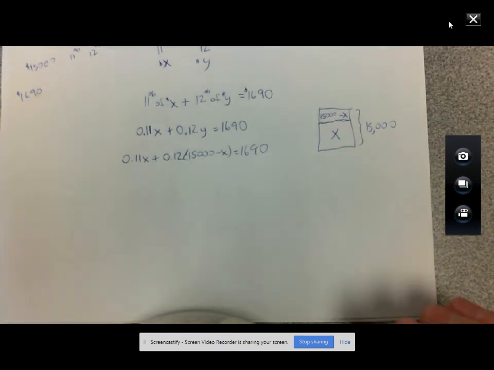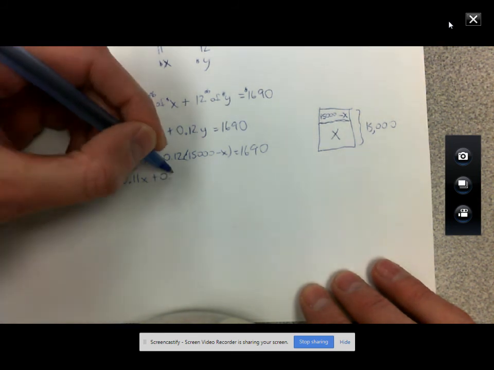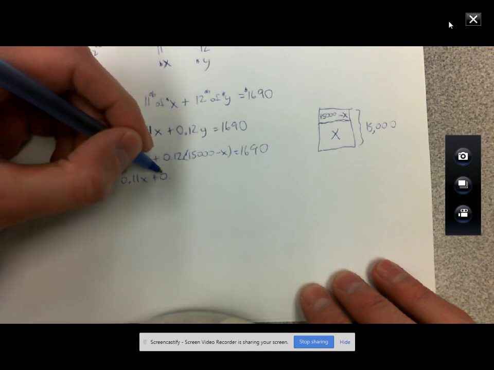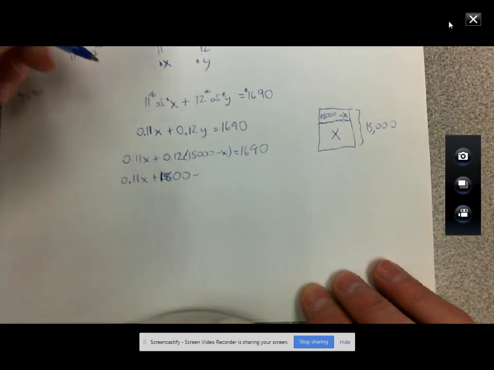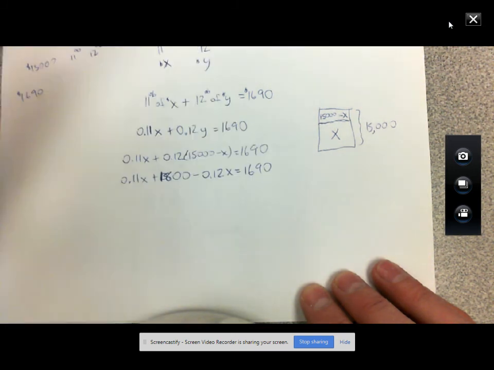So I'm going to simplify the problem. I'm going to distribute through the parentheses. 0.12 times 15,000 is going to give me 1,800 minus 0.12x. There we go.